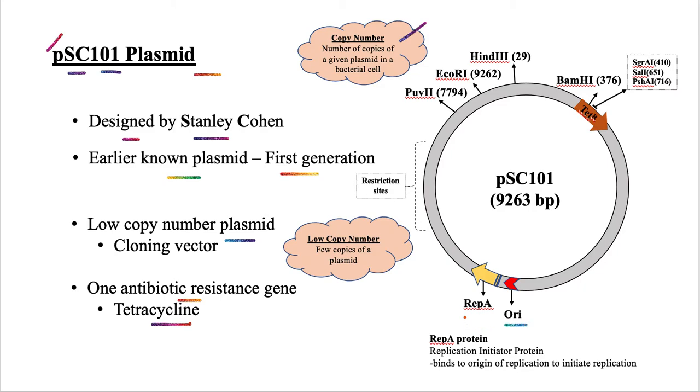Then it has the repA gene. The repA gene produces the RepA protein, which is the replication initiator protein, and it binds to the origin of replication to initiate replication. When the RepA protein binds to the origin of replication site, replication is basically started.